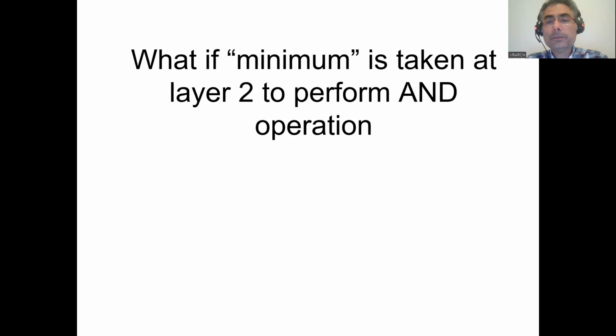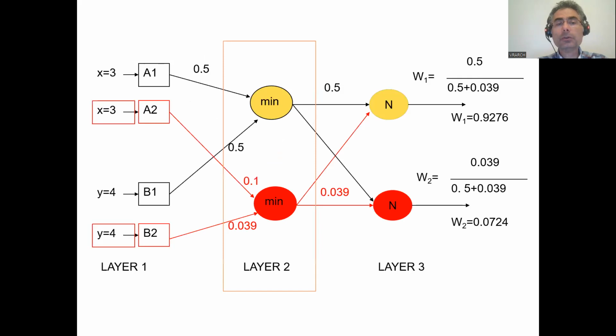So again, if you don't use the multiplication but use the AND operation, what is going to happen? Here, if you use minimum, you will get this 0.05 and 0.5. If you again normalize it, actually nothing is going to change that much, because the first rule still has a larger influence, whereas the second rule has less influence.